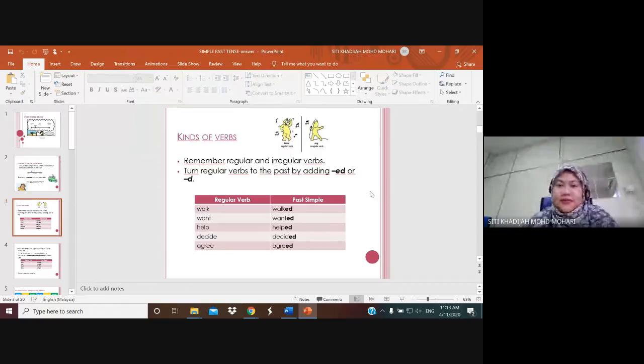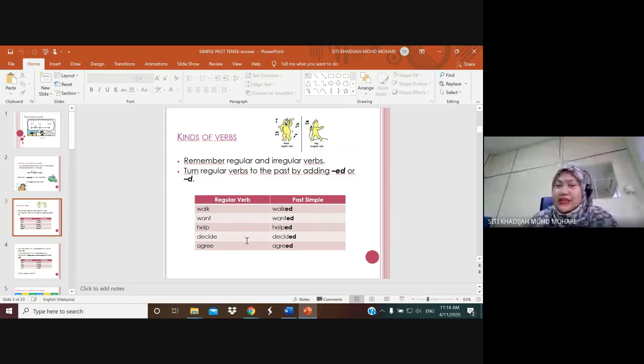So these are examples of regular verbs. Walk, want, wanted, and sometimes you pronounce it as walked, just with the ed sound like that. Sometimes you pronounce it as wanted, with a very significant or distinct sound of ed. Help, helped.